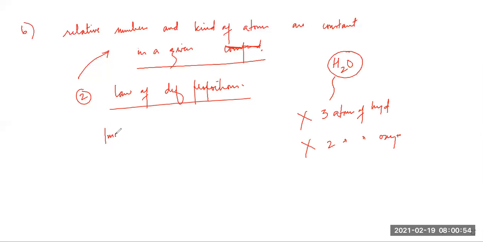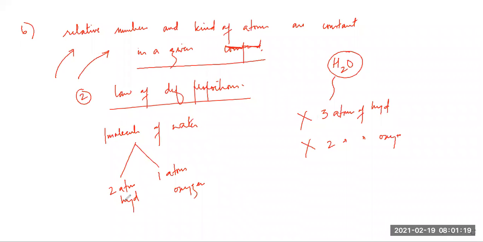One molecule of water will always contain two atoms of hydrogen and one atom of oxygen. That is what is explained in the law. Kind of atoms means one atom of oxygen and two atoms of hydrogen are constant in a given compound.